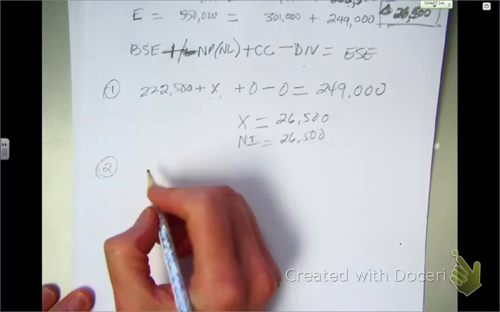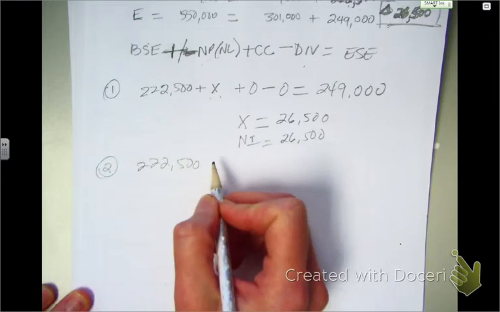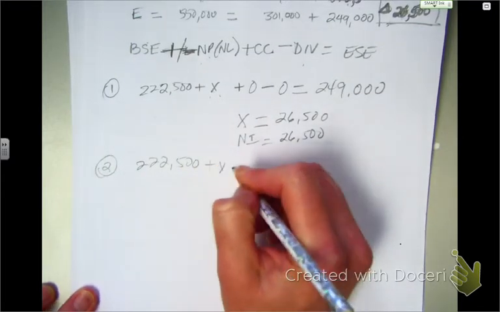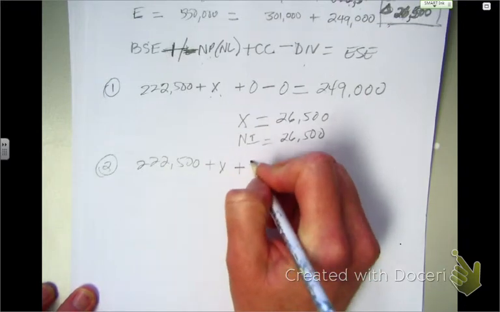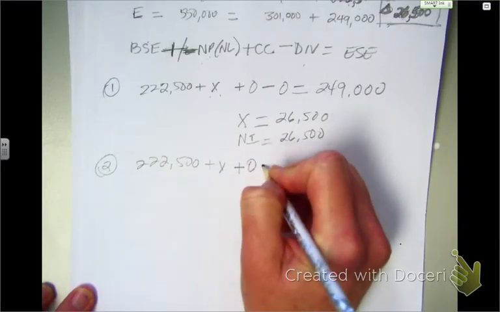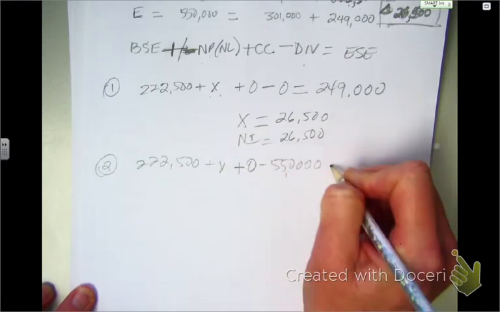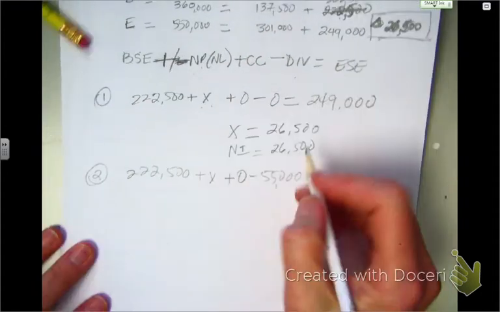81,500. So you started with 222,500. We don't know net profit. Do we have any contributed capital? That's what I always do. No. And we had a $55,000 dividend. Oops, not a $55 million dividend. All right, $55,000 dividend.